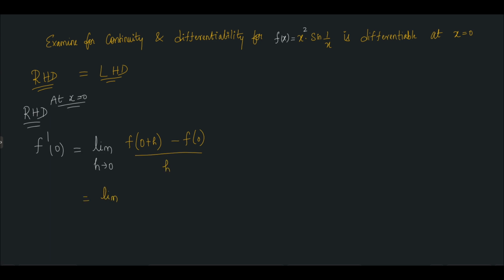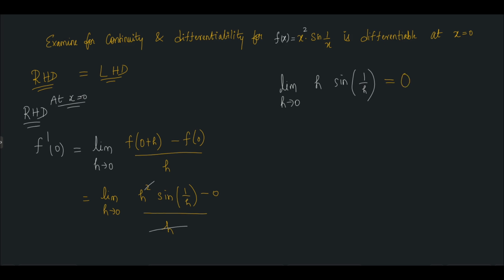So limit h approaches 0, h square into sine 1 by h minus 0 divided by h. Correct? Yes or no? Now you have learned this one in continuity just now. Limit h approaches 0, h into sine 1 by h. What is the answer? What is the answer for this?